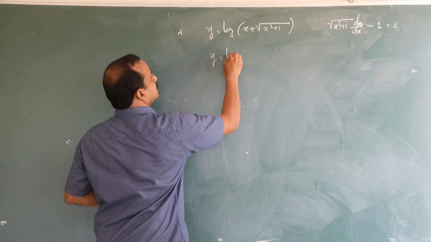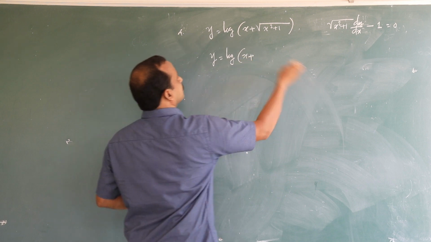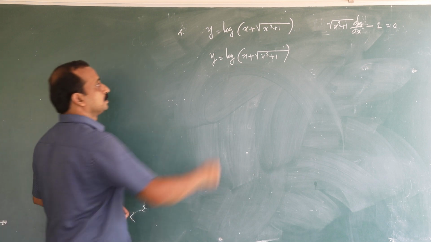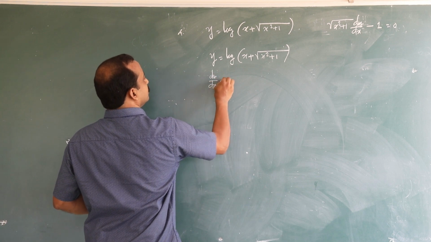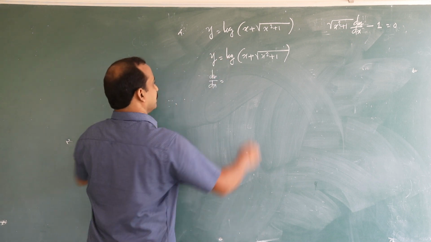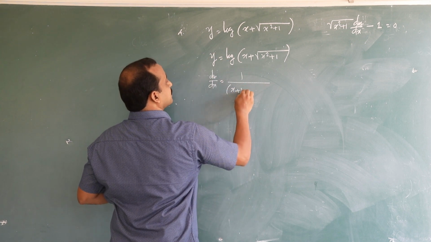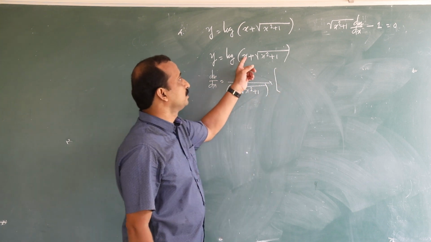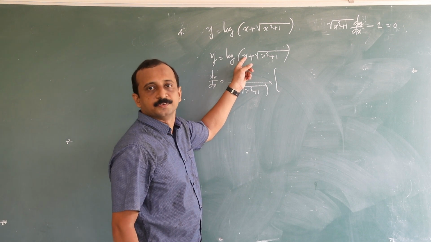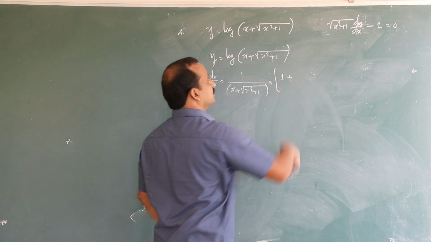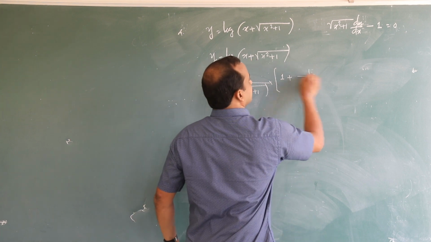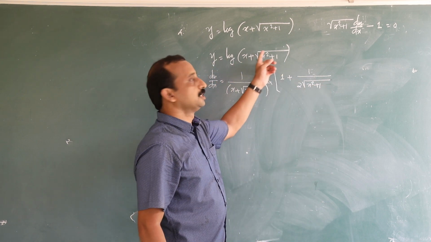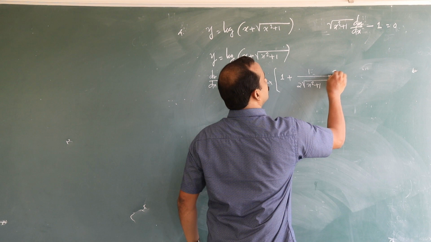Here the given function is y is equal to log of x plus square root of x square plus 1. Therefore, dy by dx is equal to, using chain rule, you know the derivative of log is 1 by x plus square root of x square plus 1 into, using function of function, we find the derivative of x, which is 1, plus the derivative of root, which is 1 by 2 root of x square plus 1 into the derivative of x square plus 1, which is 2x.